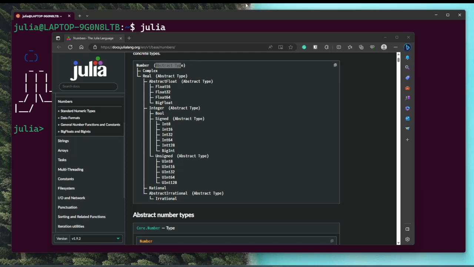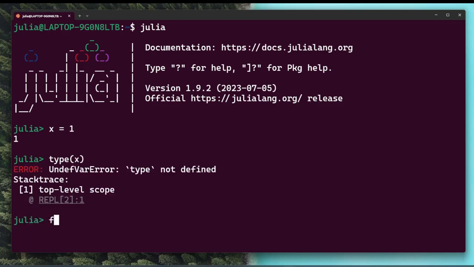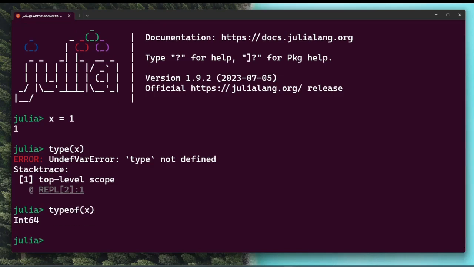So now let's go back to our number types. Let's start with integers. Let me define a variable x. If I check typeof(x), here we have Int16.